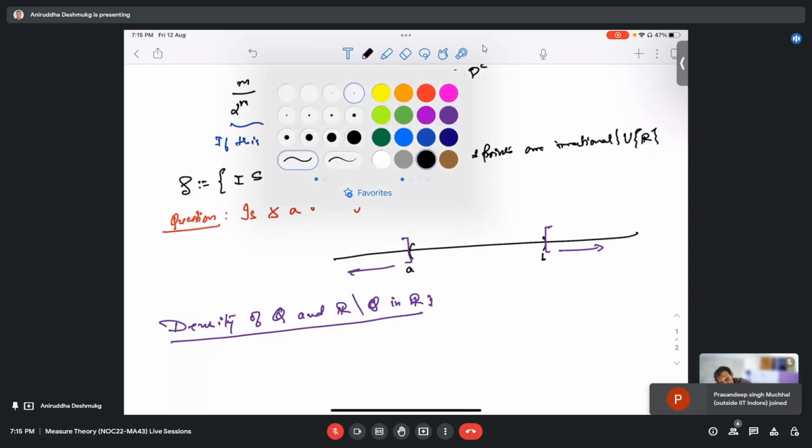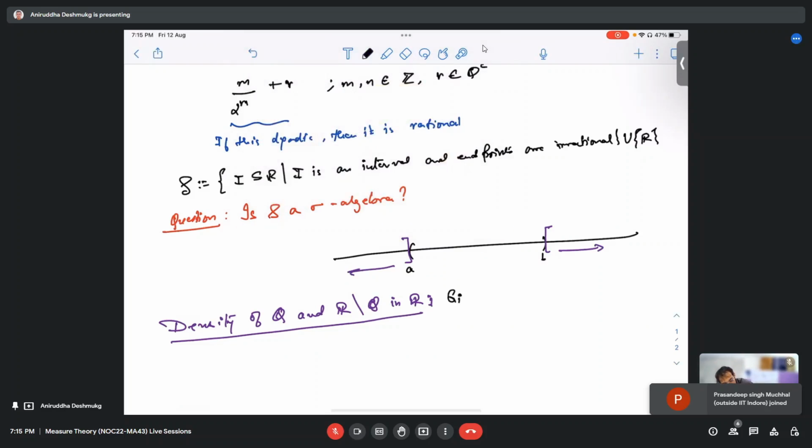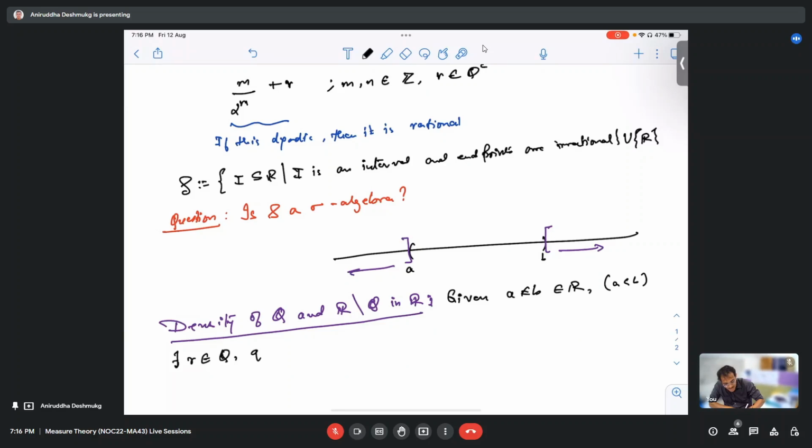See, what it says is that given any two real numbers a not equal to b, suppose that a is less than b, because if b is less than a, we can do the opposite thing. You can find a rational number and an irrational number such that a is strictly less than c and c is strictly less than b.